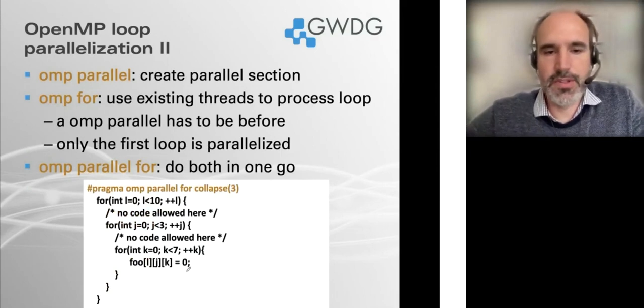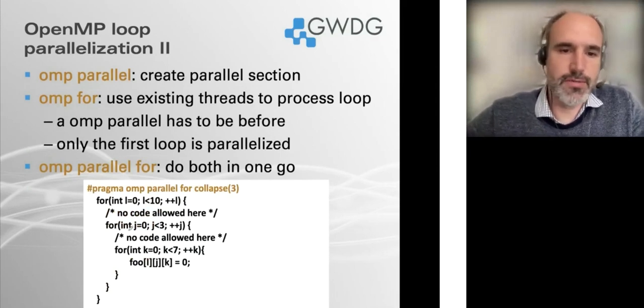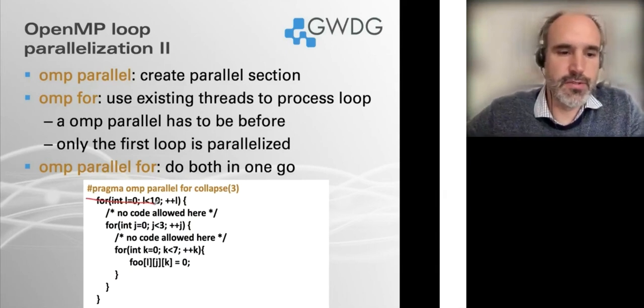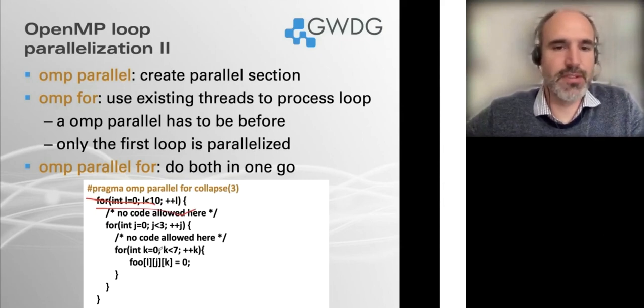In the code example below, you can see there is a list of loops. If you have only the for directive, then only the first loop will be split up to the threads, not the other three.